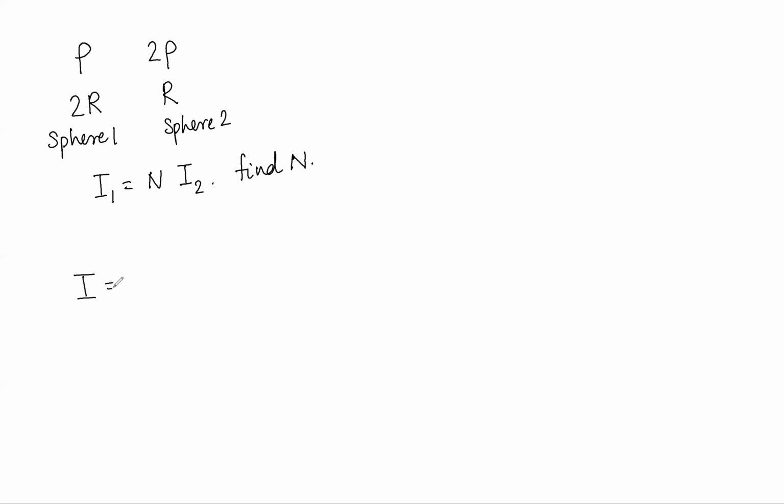So moment of inertia is equal to 2 by 5 mr square for a solid sphere, not for a shell. A shell is an empty sphere. So this is 2 by 5 into mass multiplied by radius squared. So what I will do is we will change the mass. Mass can be written as density into 4 by 3 pi r cube.